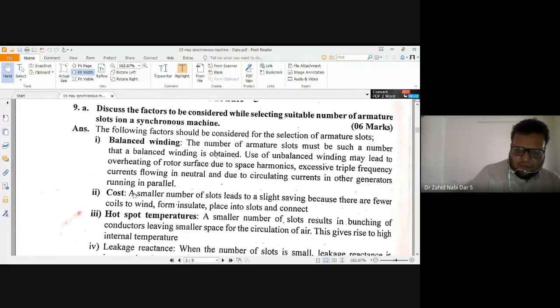So it reads: the number of armature slots must be such a number that a balanced winding is obtained. If we are using unbalanced winding, it may overheat the rotor surface due to space harmonics. Again, harmonics, I've told you: the fundamental has a frequency of 50 hertz, then comes the third harmonic at 150 hertz, then the fifth harmonic at 250 hertz.